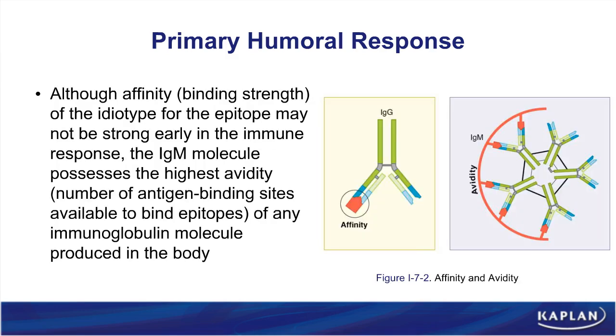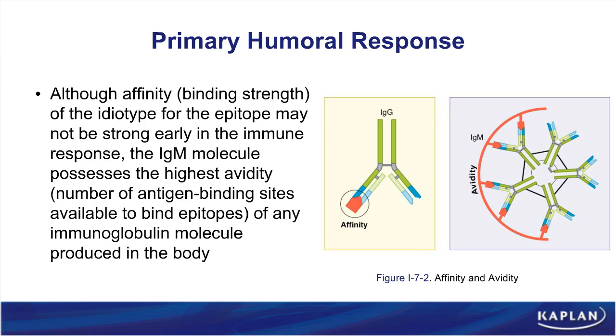Just want to mention a couple of definitions so that you understand the differences in some of the terminology they may use within some of the questions. First, just going to talk about affinity, which really just deals with the strength of the interaction between the antigen and the antibody. This affinity we already talked about through the process of affinity maturation gets better during an immune response.